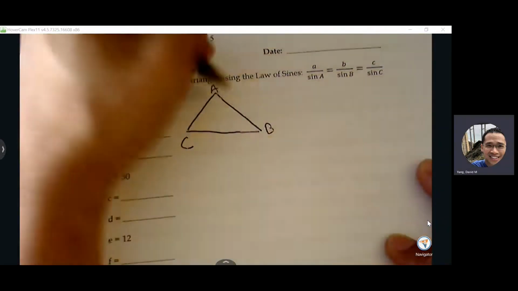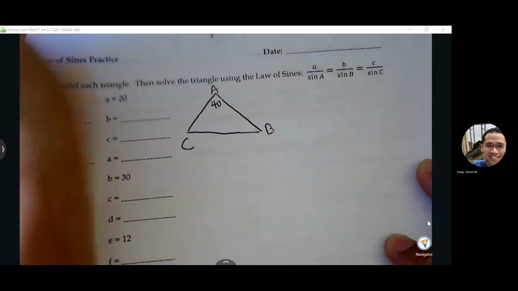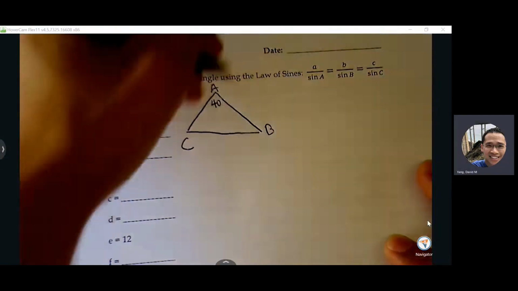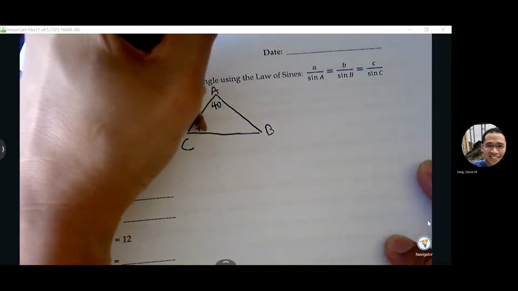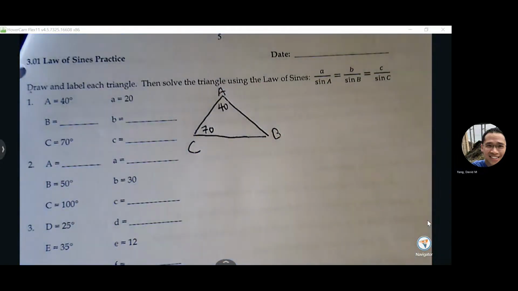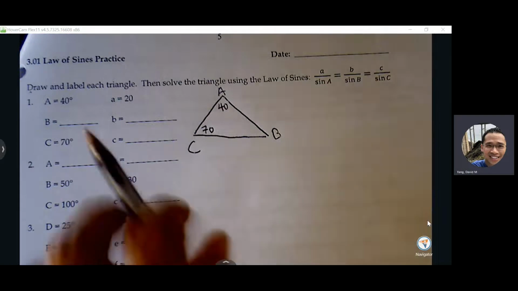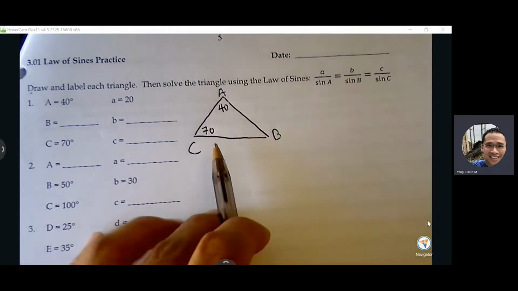Okay, so I'll call angle A 40. Angle C is 70. And A is 20. So A is the side length that's across from the angle A.